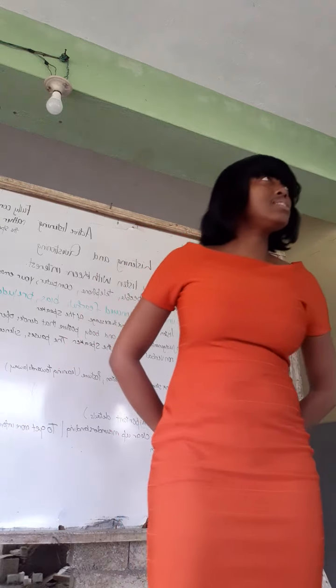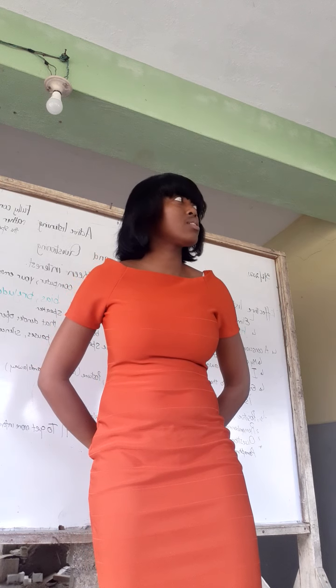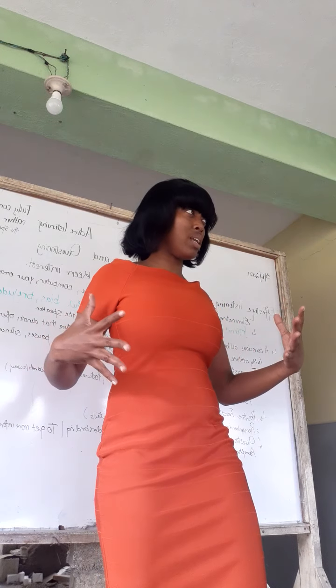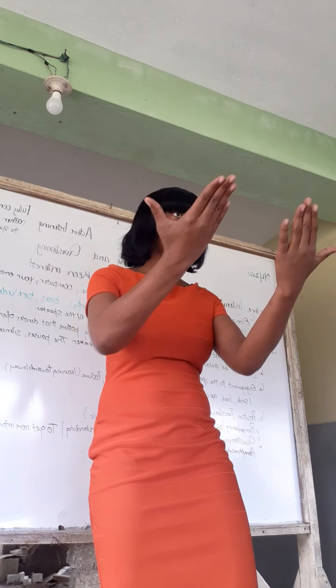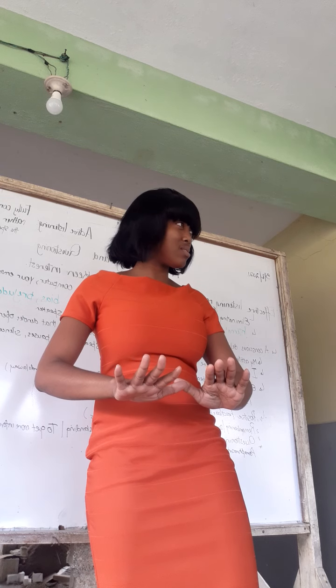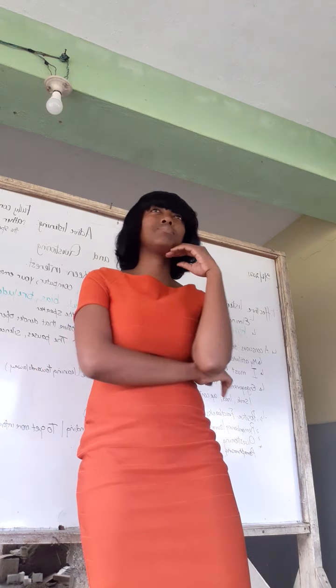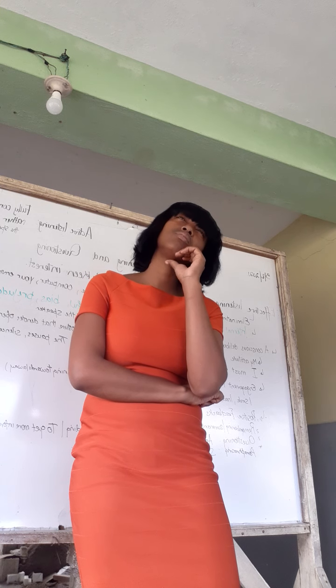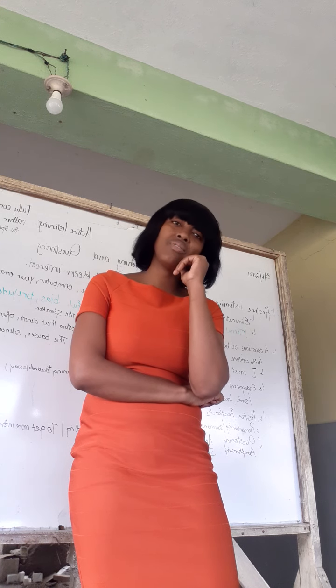Now, when you are seated, you must ensure that you are showing positive body language. Your hands must be on the desk. What does it denote if my hand is on my face while you want to talk to me?